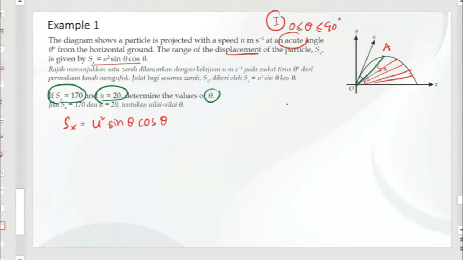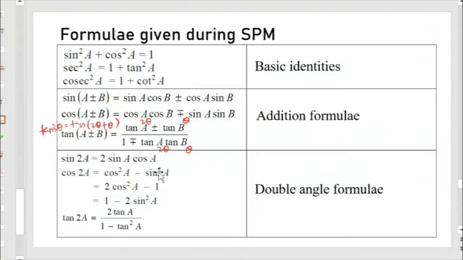So how are you going to do? You look back at the formula. Which one can you use? Sine theta, cos theta. Just now we have sine theta, cos theta, right? This one has sine theta, cos theta, right?